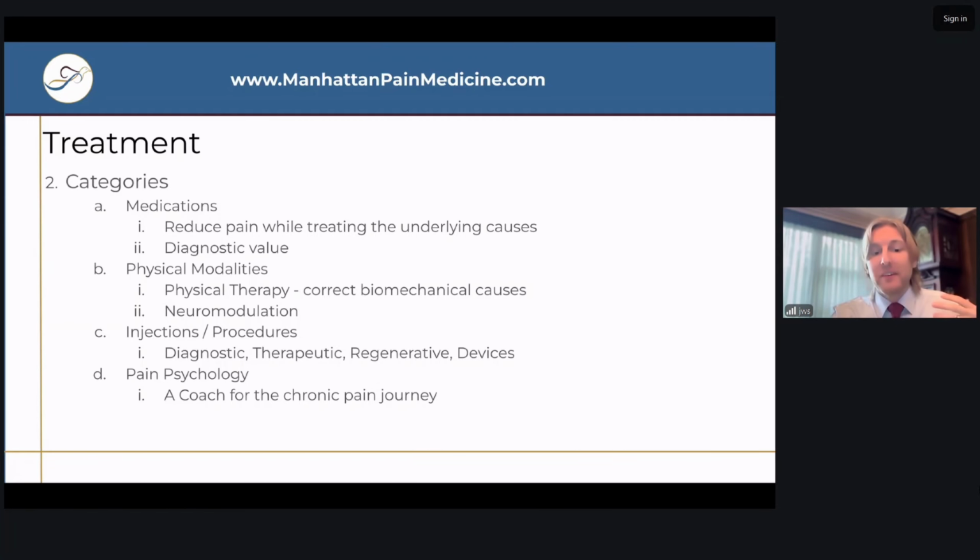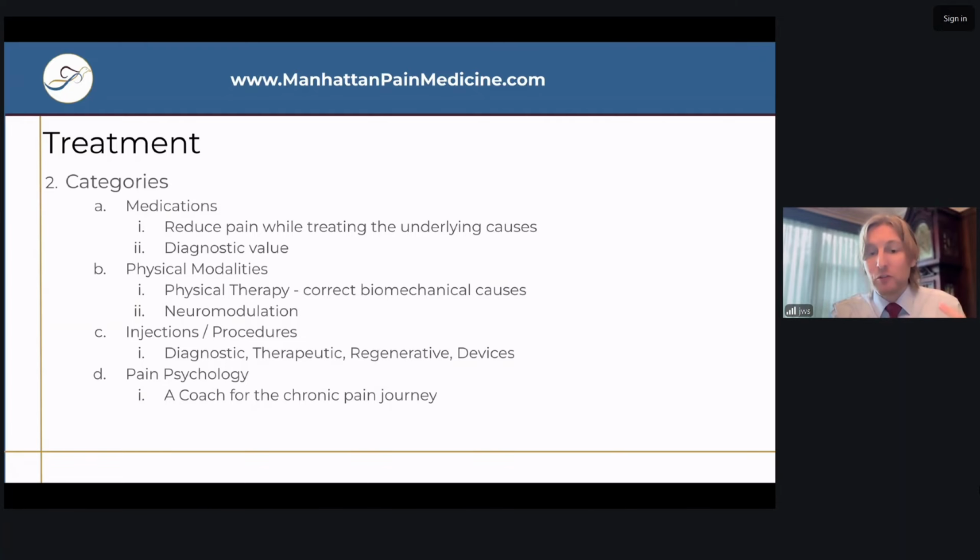Injections, procedures, these are diagnostic, therapeutic. There's a whole range of things we will inject. There's regenerative medicine, where we're trying to heal structures, things like platelet-rich plasma, BMAC, bone marrow aspirate concentrate, mesenchymal stem cells, again, prolotherapy, which I do most commonly, and steroids, of course.